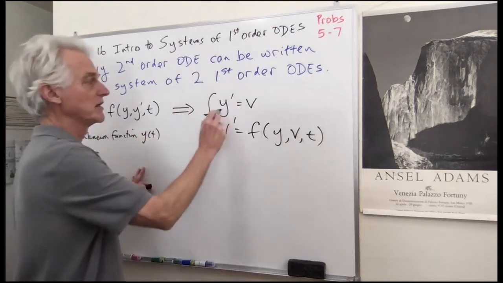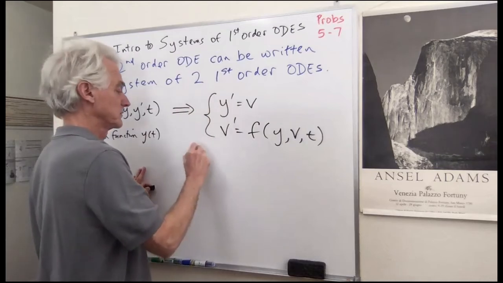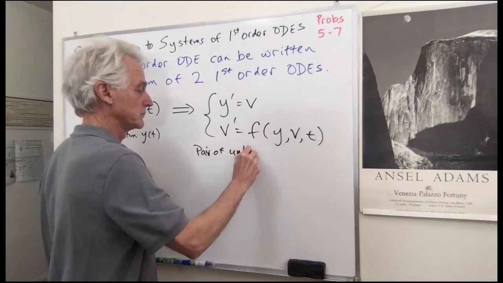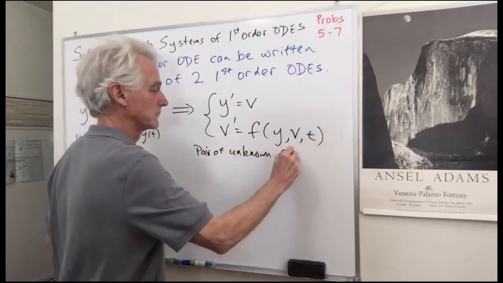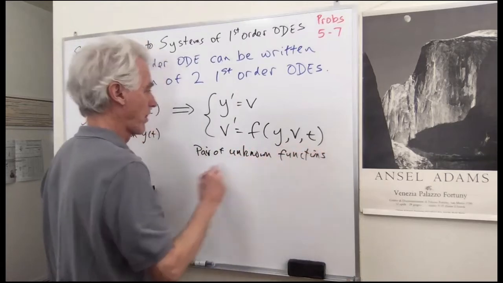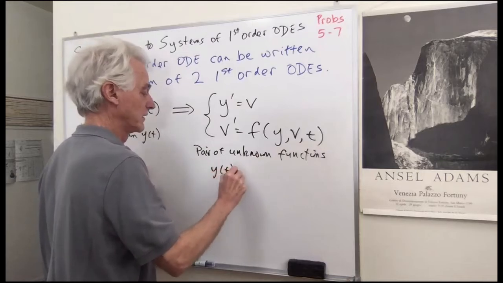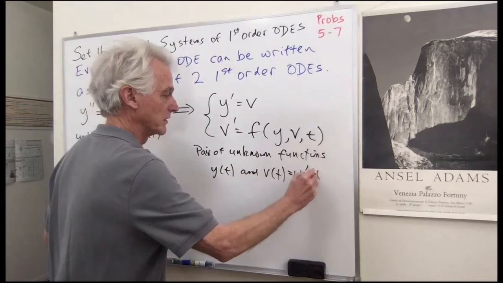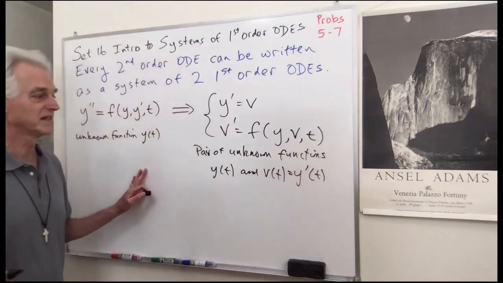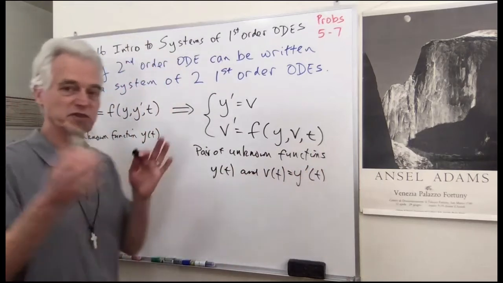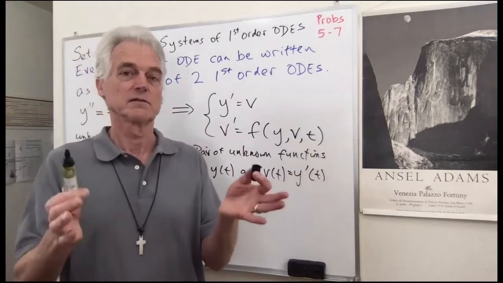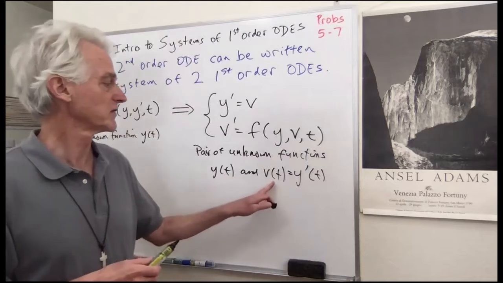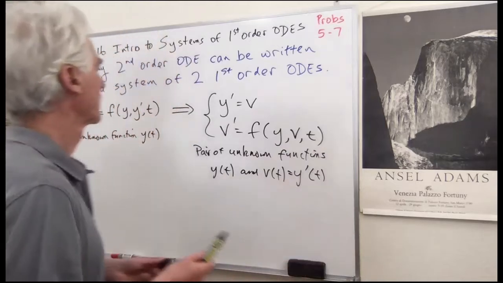And here I have a pair of unknown functions, y of t and v of t, which is y prime of t. Now the reason we use v is because if y is position, then v is velocity, right? If y is position as a function of time, then v is the velocity function.